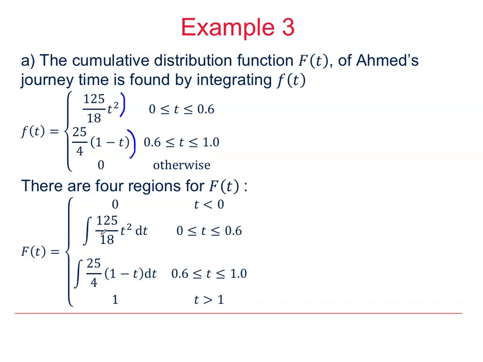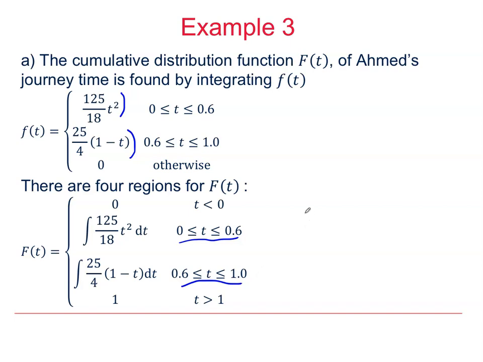Here we show the integration that we'll need to do for t lying between 0 and 0.6, and there's an integration here that needs to be done for t lying between 0.6 and 1.0. In this case, we're going to do the integration without limits, and therefore there will be constants of integration, and then figure out what the constants of integration are by consideration of the following fact.